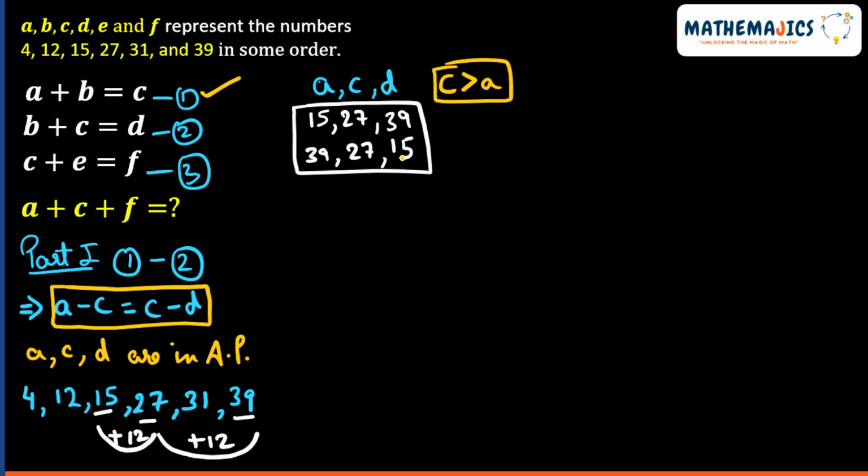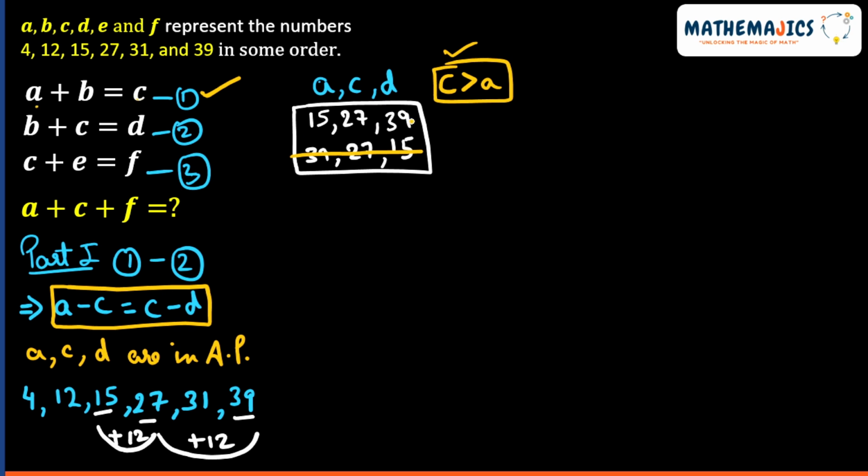If C is greater than A, definitely the second triplet, in which C is smaller than A, will not be applicable, because in the question C is greater than A. We get this conclusion from equation number 1.